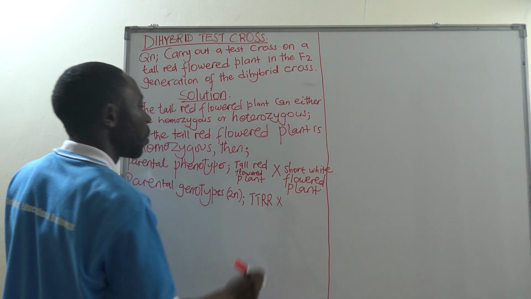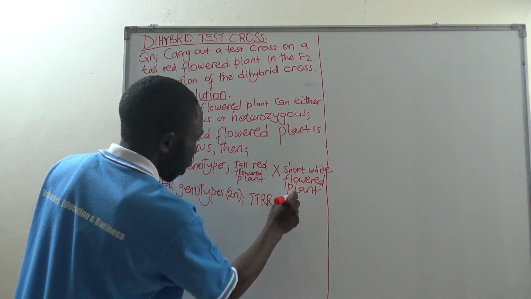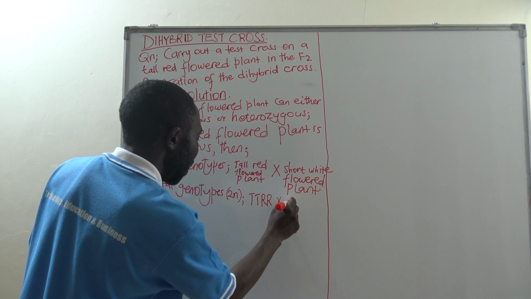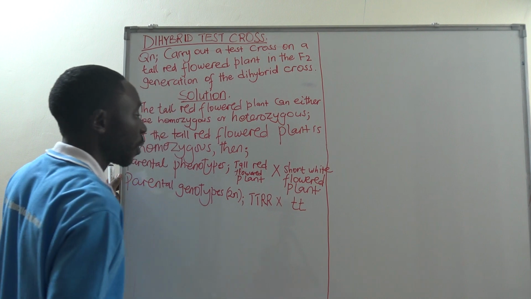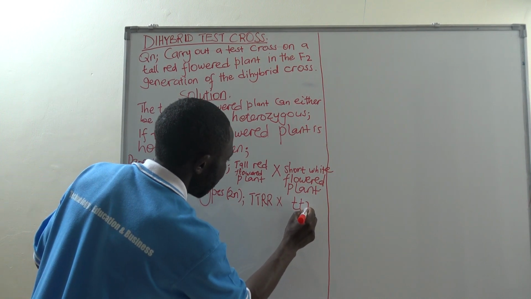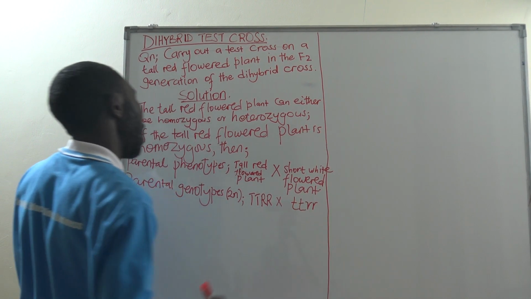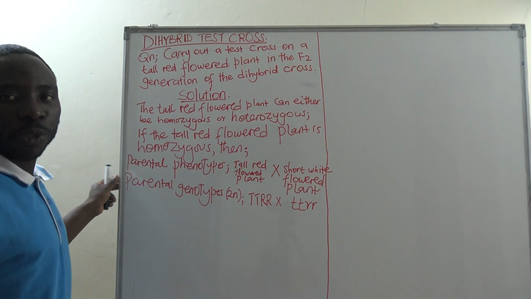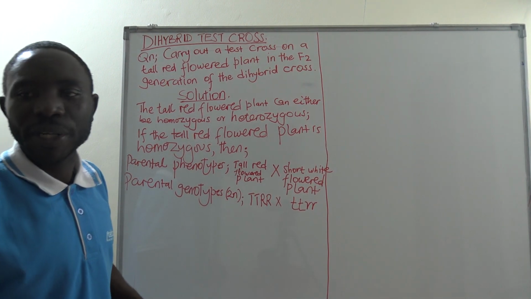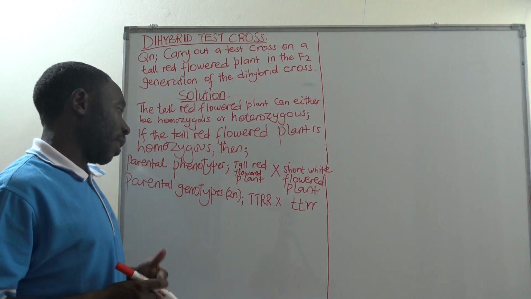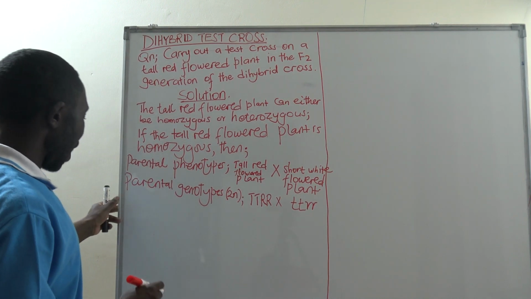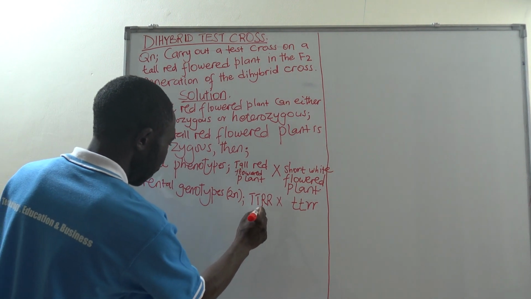We are crossing it with a short white flowered plant, genotype double recessive, that is small t t and small r r. During meiosis, the genes segregate and then undergo independent assortment, as shown here on the board.